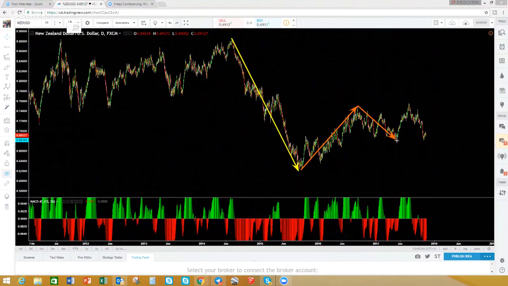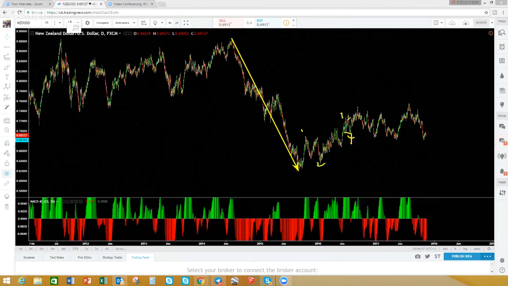Initially I thought this was going to be A, B, C. Okay, this being an impulsive move to the upside, and this being another structure on this side. And this is how I would have thought it was going to be a 1, 2, 3, 4, 5.